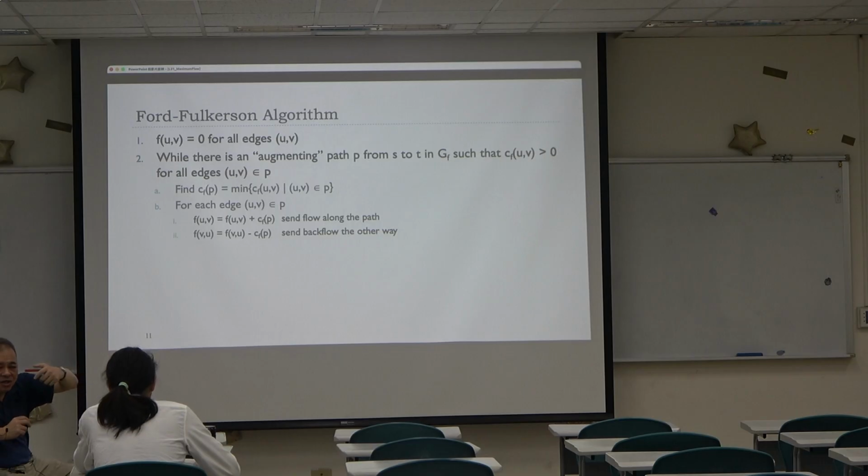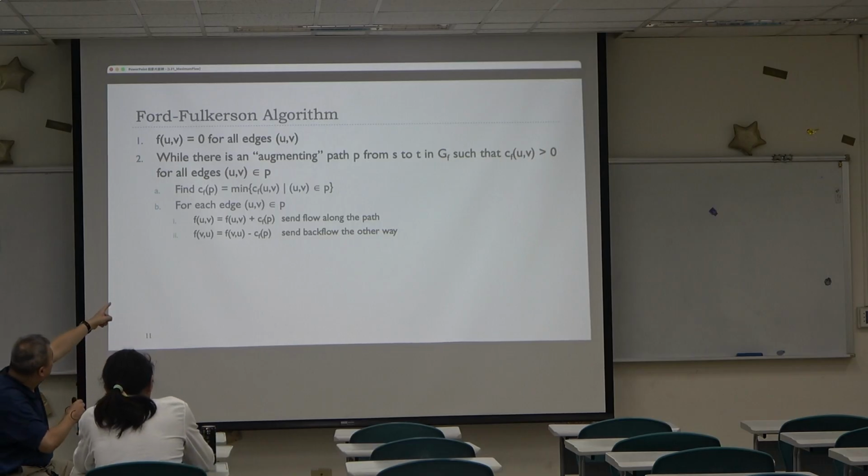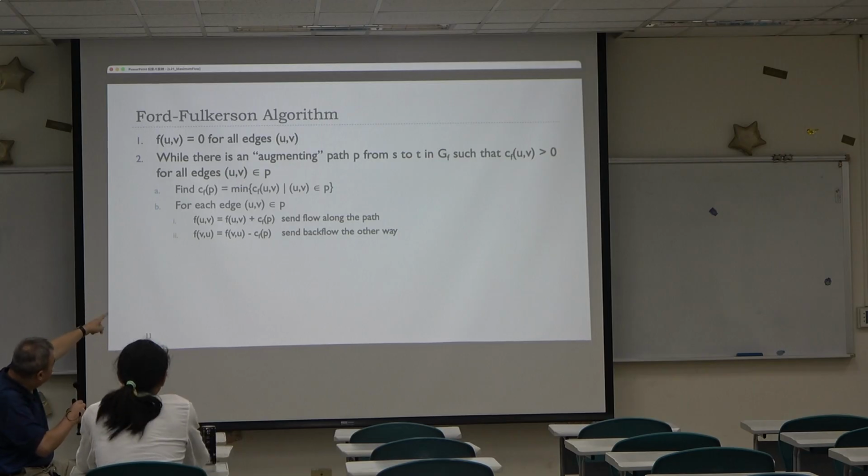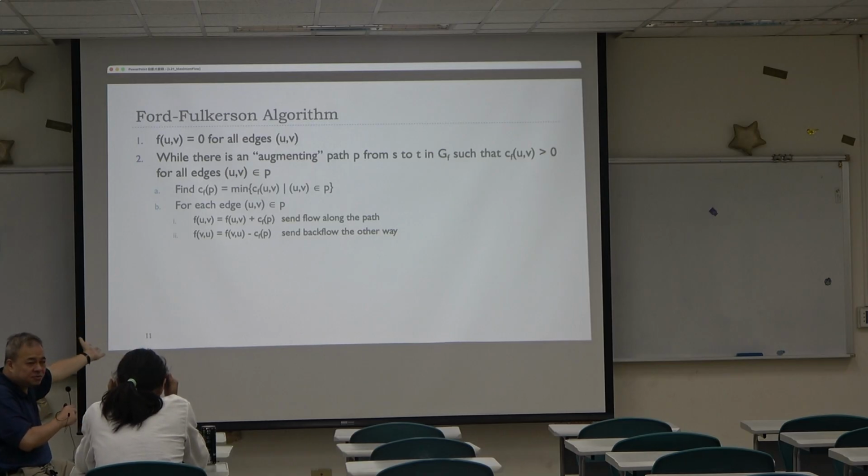So you find the minimum remaining capacity in this path, increase the flow by that much, and for the back flow also subtract that much. That's it.